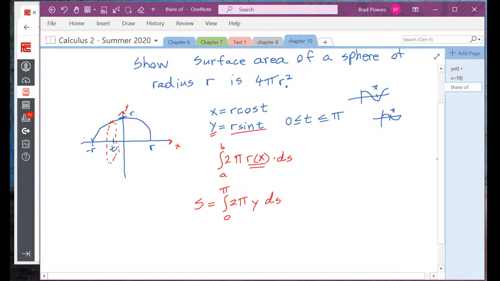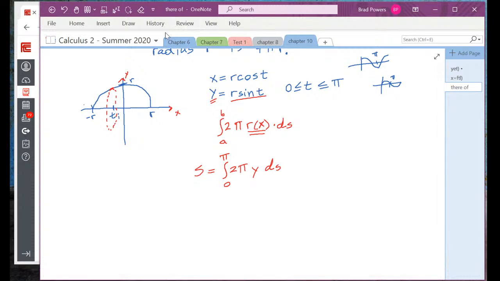Then one more step, plug in. Well, what is y? I could bring that 2 pi out front also. Y is r sine t.